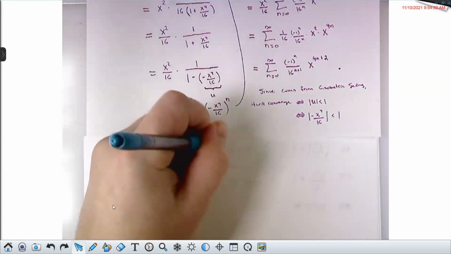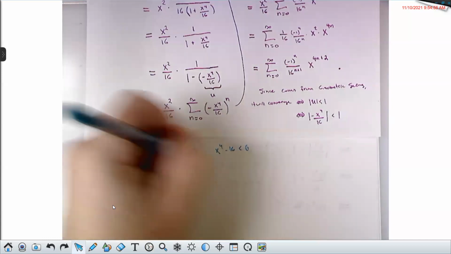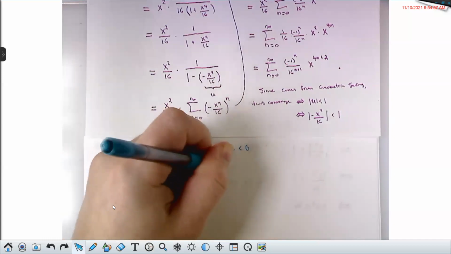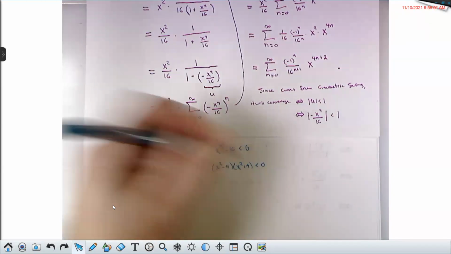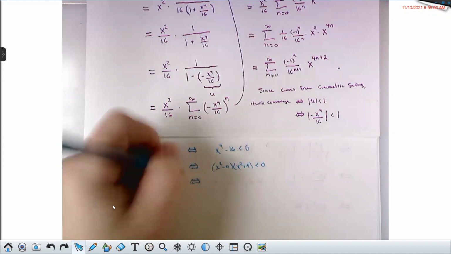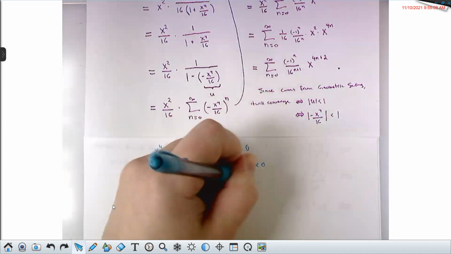You pull everything to one side, you factor. This can factor as a difference of squares first. And then the x squared minus 4 factors further as x minus 2, x plus 2.